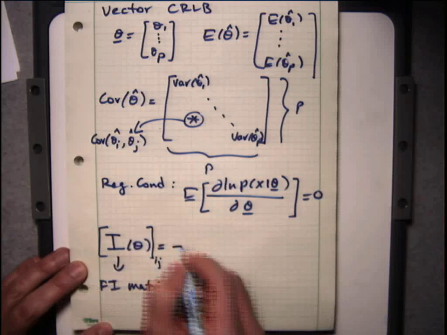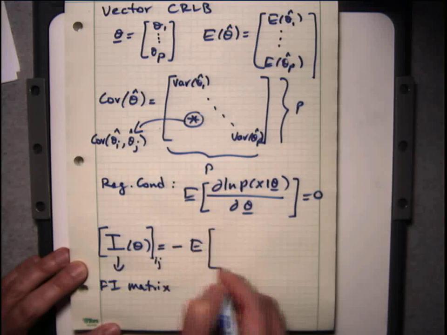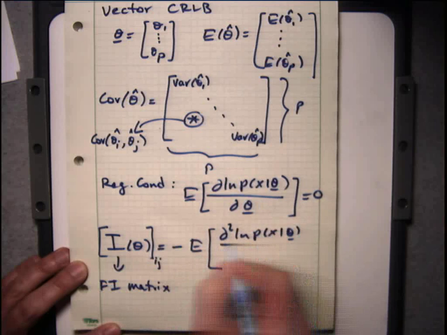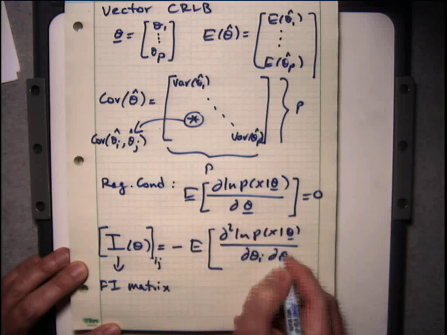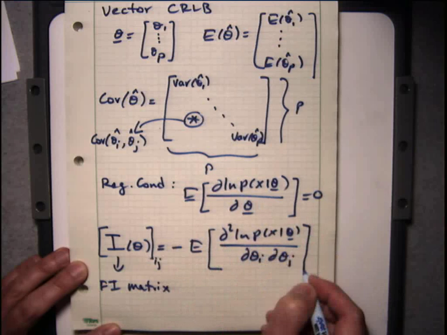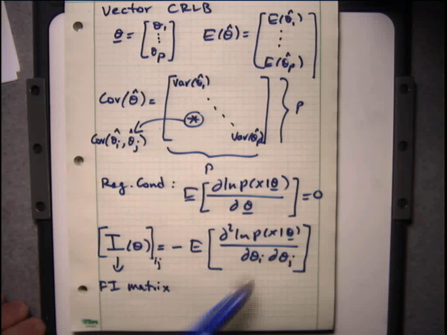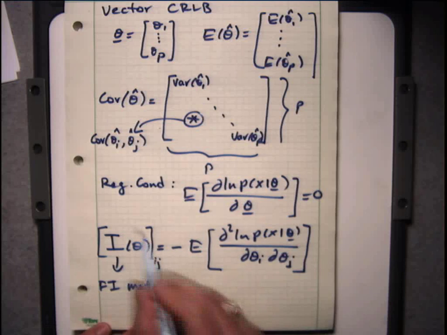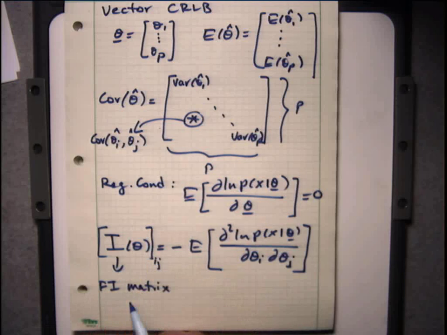It's going to be minus the expected value of the second derivative of log of p of x given theta, with respect to theta i and theta j. So you basically differentiate with respect to both theta i and theta j, and take minus an expected value, and that gives you the ijth element of the Fisher information matrix. This is the ijth element of the p by p matrix.